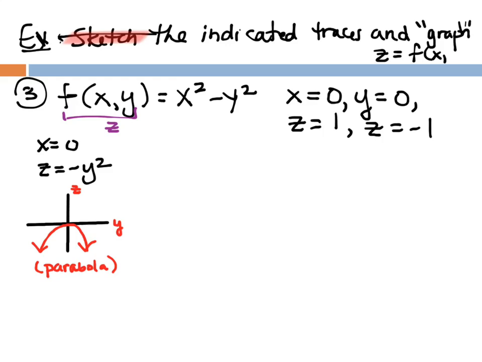All right, the second one told us that it wanted to do it at y equals 0. So when y equals 0, what equation do I have that I'm working with? Z equals x squared. So what is this shape going to look like? Again, it's 2-dimensional. It's going to look like a parabola, but opening up.